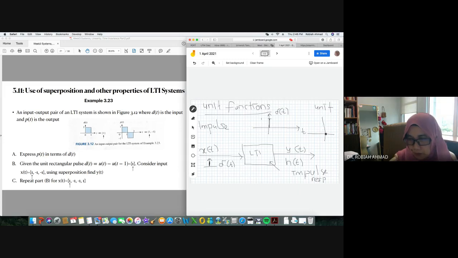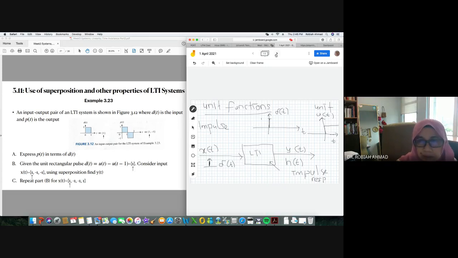Dia 0, time less than 0, and then dia akan maintain 1 throughout. Usually kita refer sebagai ut. Kalau ramp tu rt.